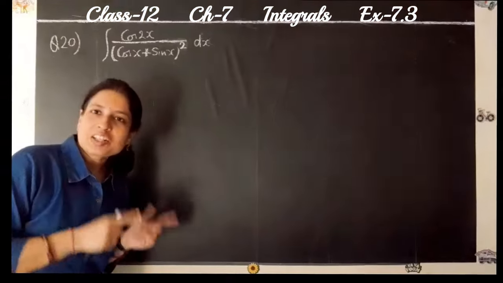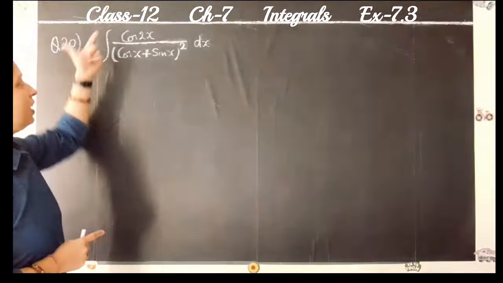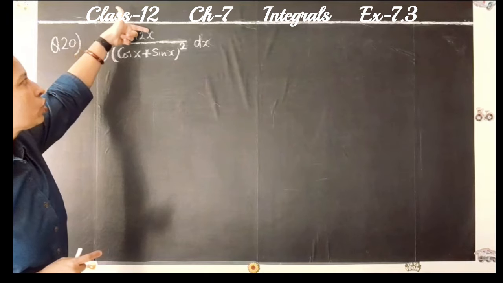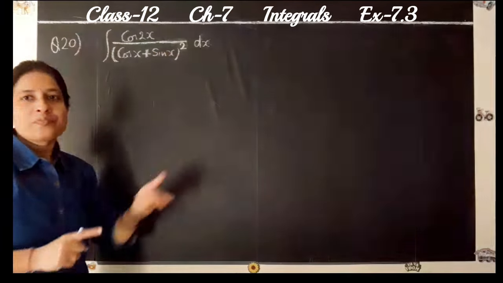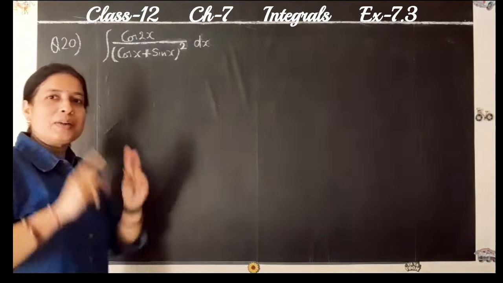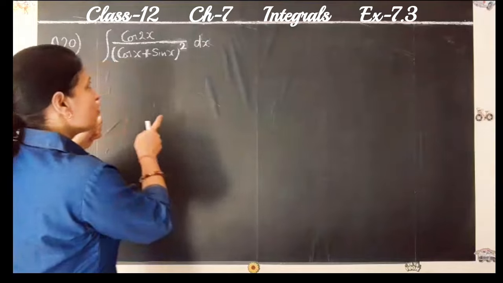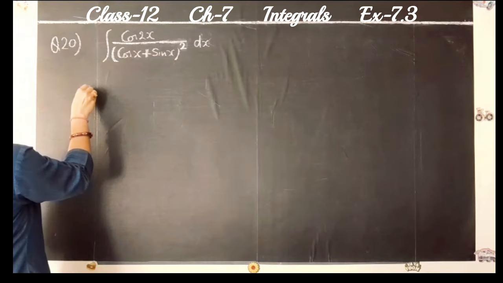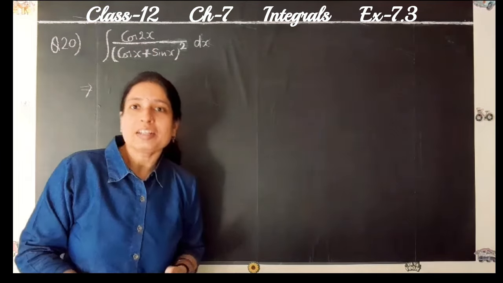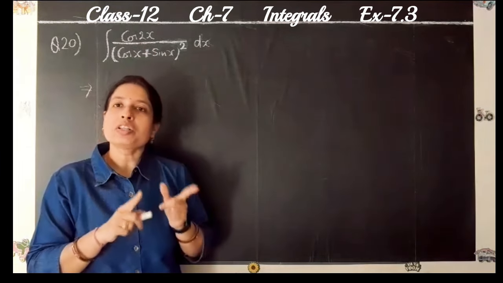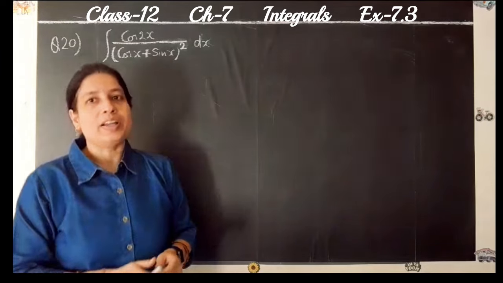So let us see our next question. Question number 20. It is integral of cos 2x divided by cos x plus sin x whole square. So let us solve this integral by two methods. The first one: here it is given cos 2x and we know that cos 2x is equal to cos square x minus sin square x.